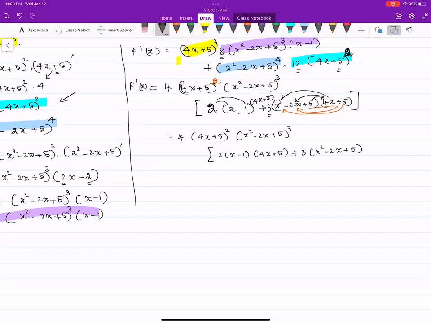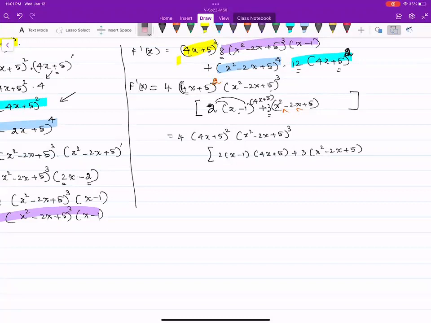That is it. Then you won't have the extra factors, because (4x plus 5) the whole square and (x squared minus 2x plus 5) the whole cube are taken out.